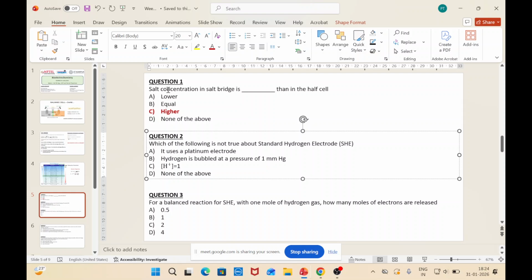So the next question is, which of the following is not true about SHE? It uses a platinum electrode. Hydrogen is bubbled at a pressure of 1 mmHg. Concentration of H plus ions is equal to 1, 1 in the sense 1 molar. And the last one is none of the above.